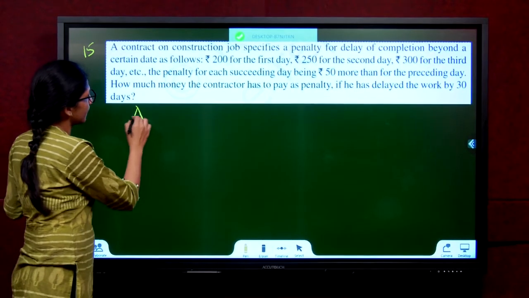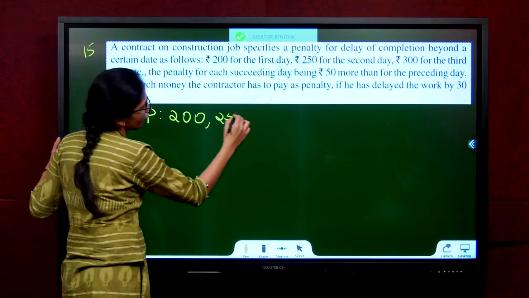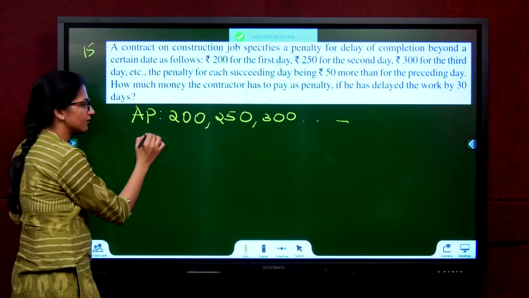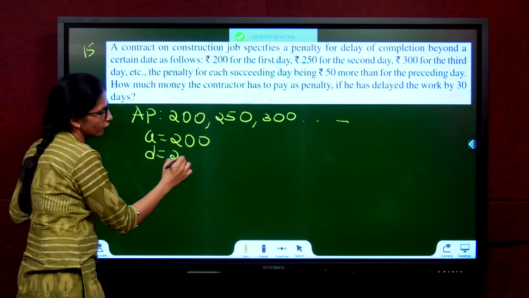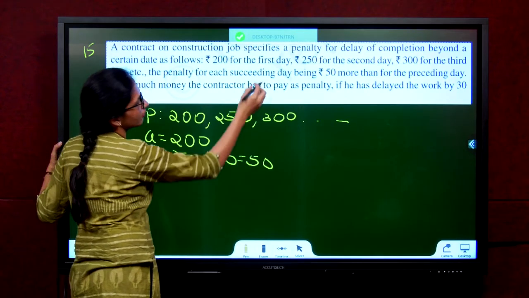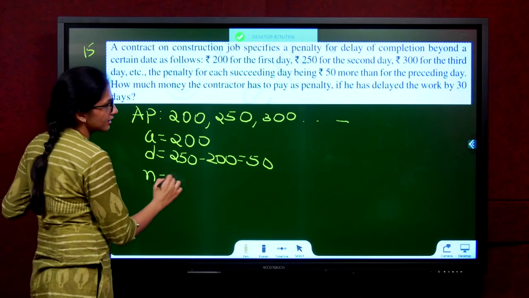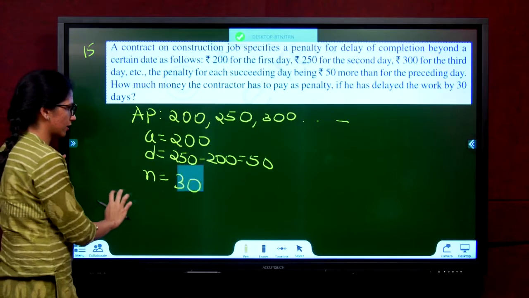So the AP is 200, 250, 300 and so on. We know that a is 200, d is 250 minus 200, 50. Obviously it's 50 because each day you're increasing by plus 50. The value of n is 30, because you're going to pay for 30 days together.